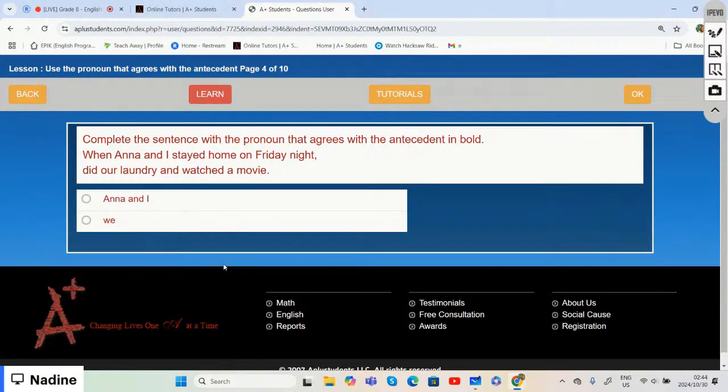And if we were to choose the correct option, we would say, when Anna and I stayed home on Friday night, we, which refers to Anna and I, did our laundry and watched a movie.